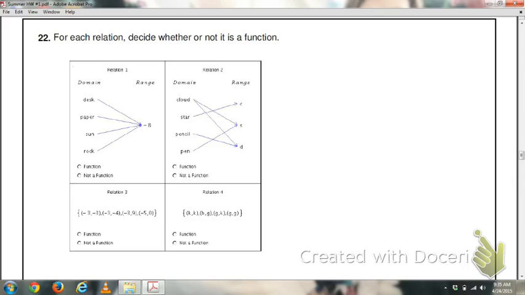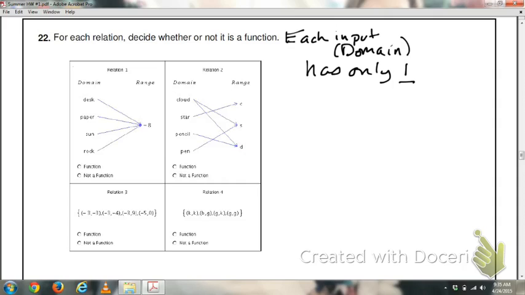Okay, and for number 22, it says, for each relation, decide whether or not it's a function. To be a function, it's important that each input, which has to do with the domain, each input from the domain has only one output, or one output in the range.